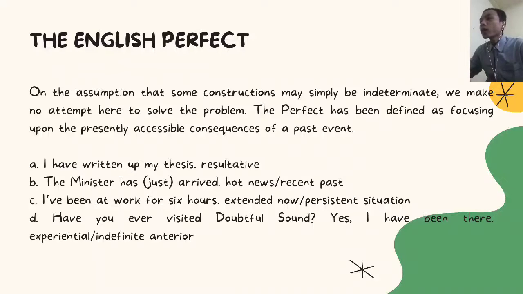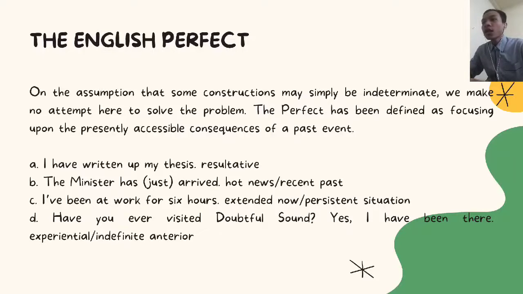The perfect has been defined as focusing upon the presently accessible consequence of a past event. You can see here: A, I have written up my thesis, resultative. B, the minister has just arrived, hot news or recent past.